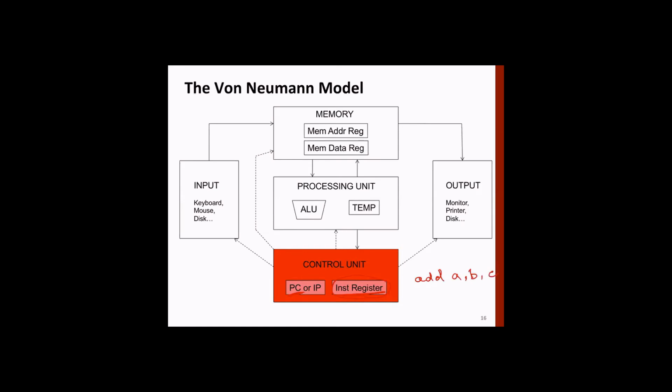It says add the values of B and C and bring the result to A, so A is equal to B plus C. This could be a statement in C, and in assembly language it will be add A, B, C. A is the destination register, and you add whatever is in registers B and C and bring it to A. Now this instruction is kept in the instruction register.